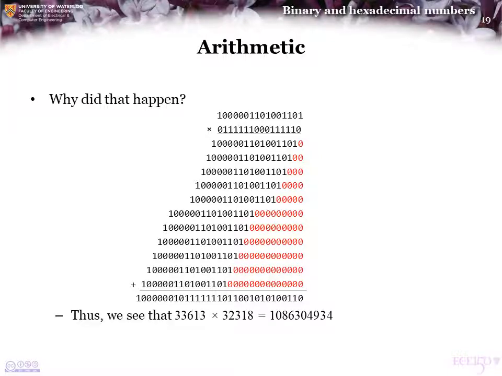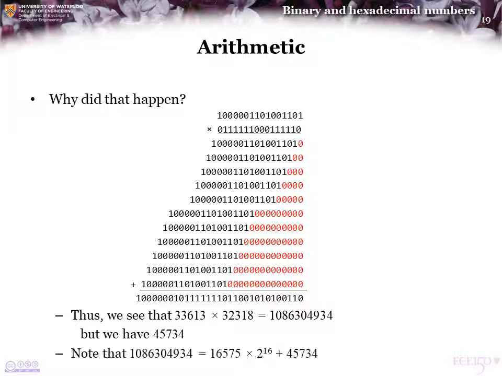And now you notice that the product of these two numbers is 1,086,304,934. But we had printed to the screen 45,734. Notice that the actual result is equal to a multiple of 2 to the 16 plus the result we saw, 45,734.